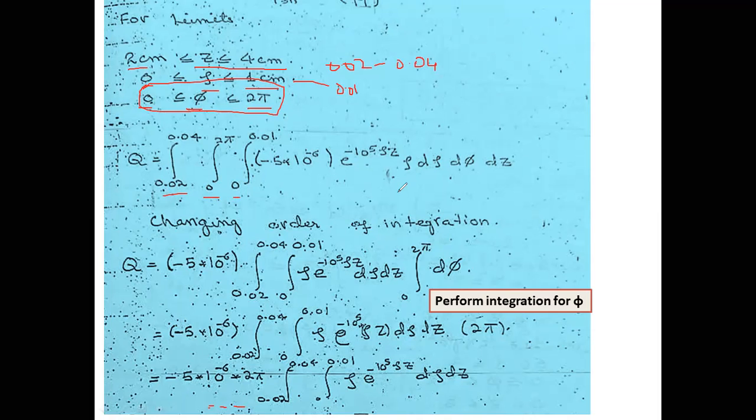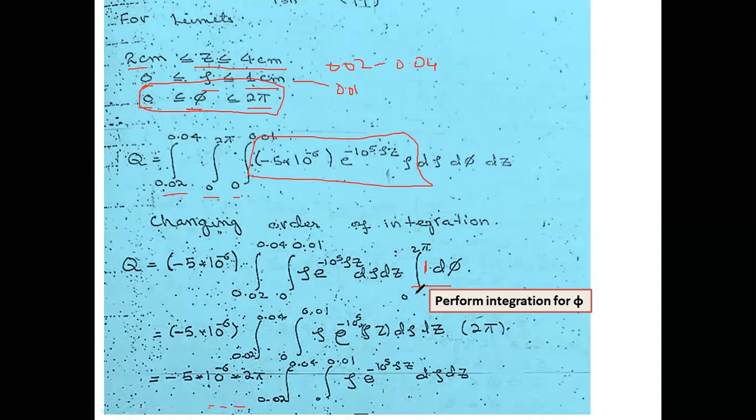In this equation we have no phi, so it means we have 1 for the d phi. So it is comparatively simpler, and we will solve this integration for phi first.